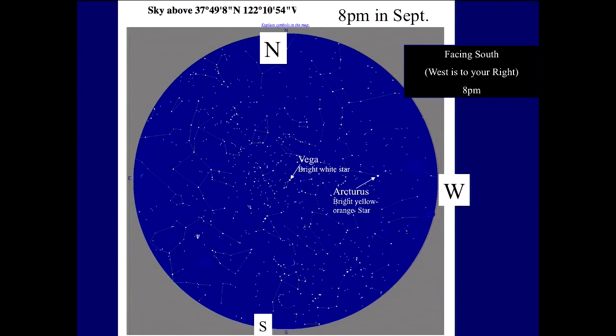Ah, there's Vega overhead, and if you can figure out which way is west, by the way, that's toward the Pacific Ocean, of course, toward the bay, toward San Francisco, toward the ocean, that's where you'll see Arcturus about halfway down toward the western horizon, where the Golden Gate Bridge is. Okay, so those are two signposts.